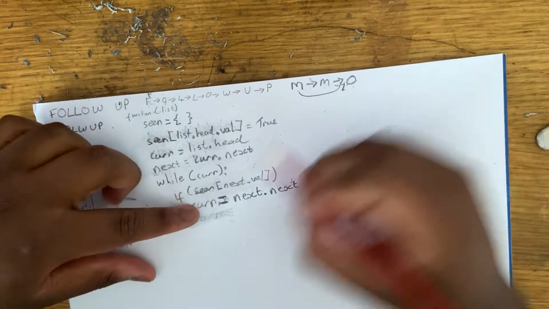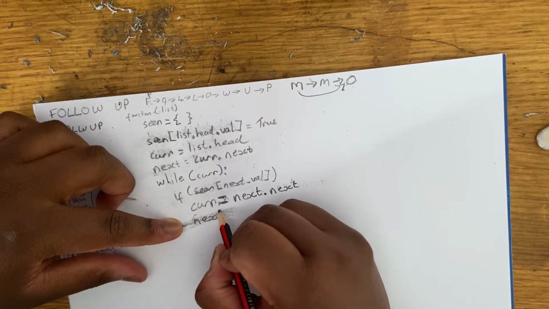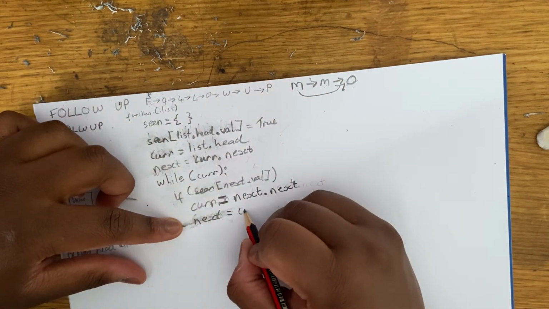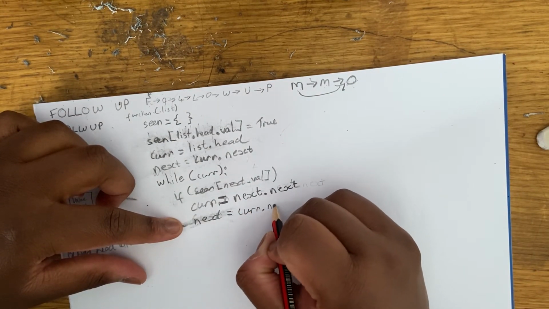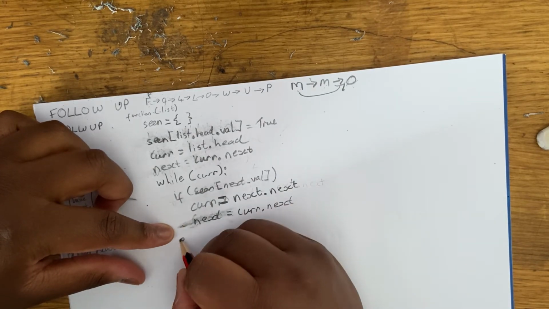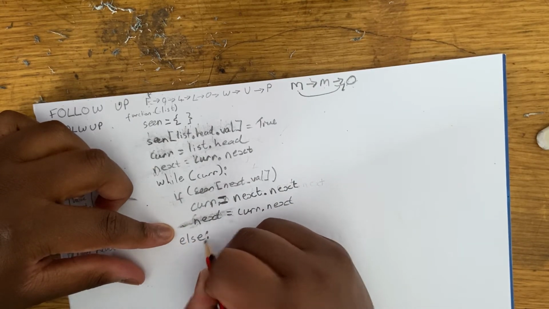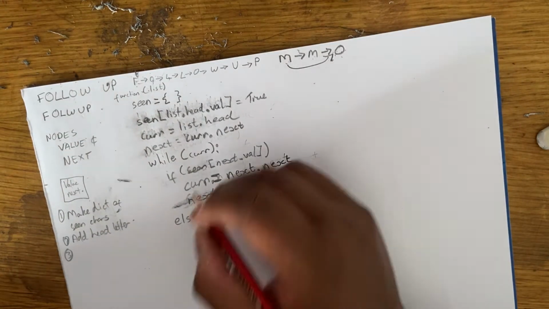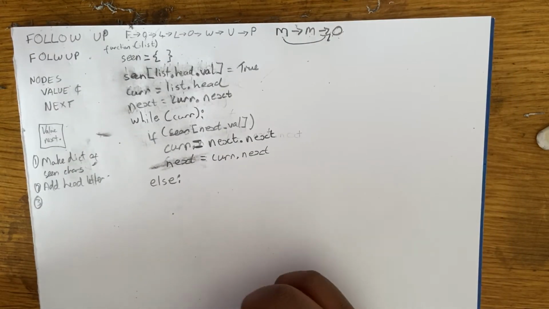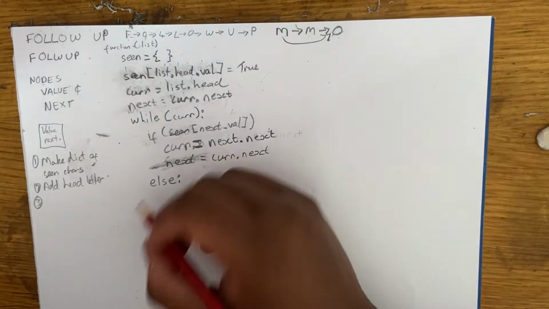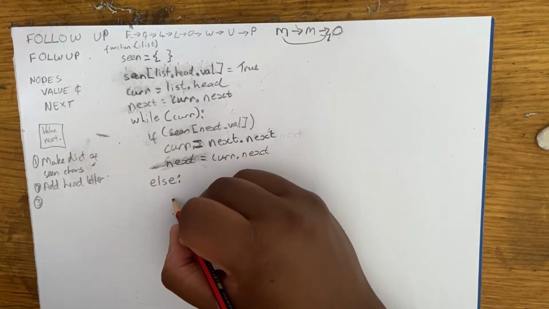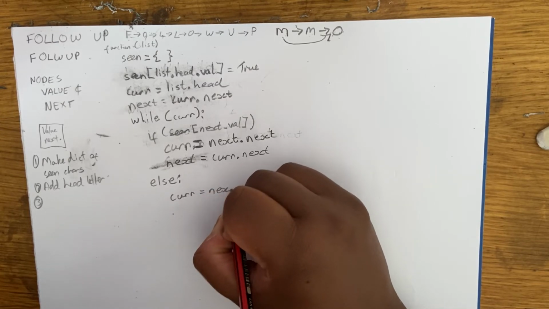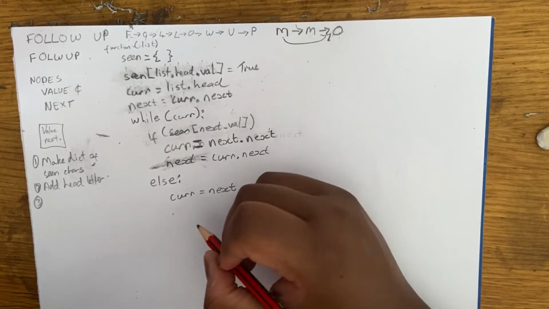So that means you're moving there, and then that makes your next equal to the cur dot next. Then else, what we do is cur is equal to next.